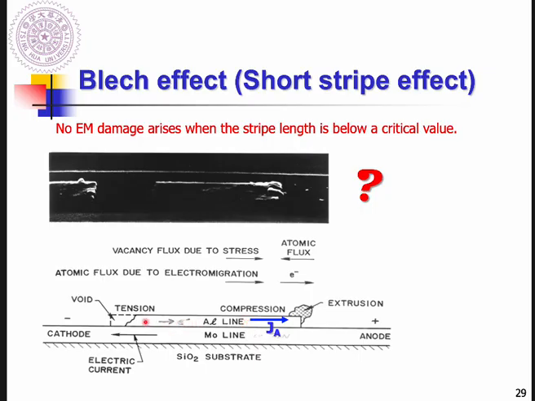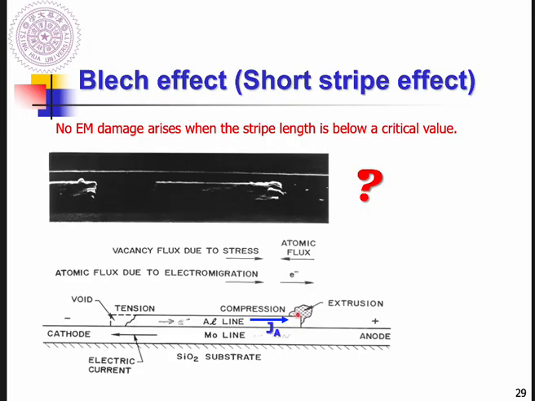However, as the electron flow gets larger, the atomic flow increases. Then the deformation goes into the plastic deformation range. That results in this kind of extrusion. We call it permanent deformation.